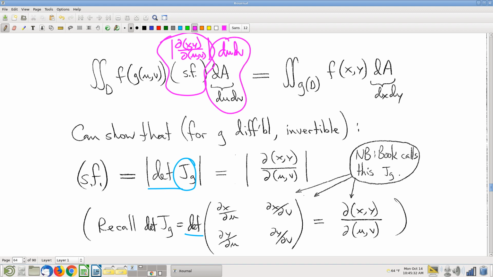And what that turns into then, of course, is dx dy over here in the xy plane. Notice what happens.